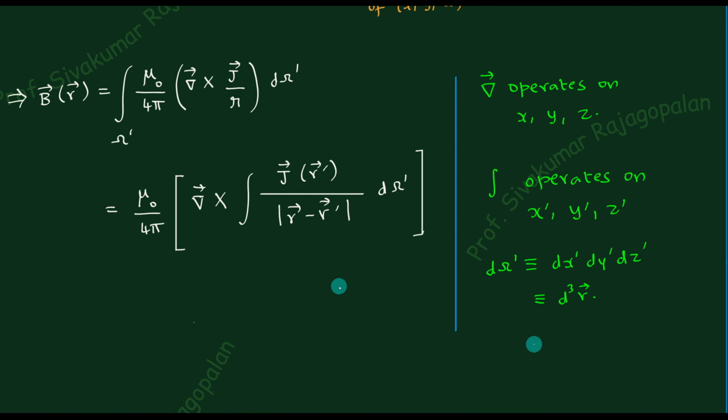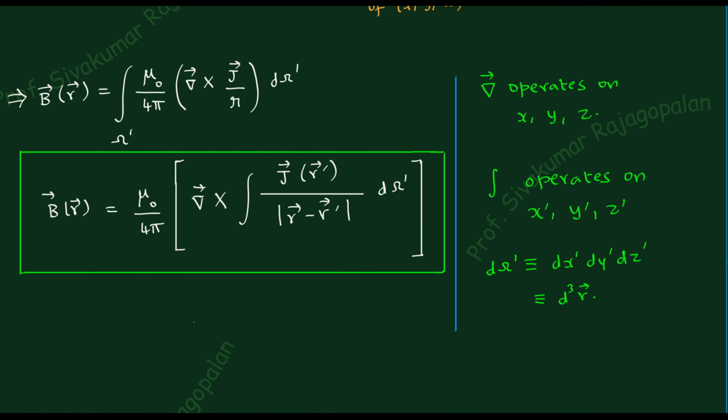And once this is clear, we are going to give a name for the integral. Okay, so I would like to write down whatever integral is going to appear here. I would like to highlight it. Let me show that. So in this expression for the magnetic field, there is an integral appearing inside.